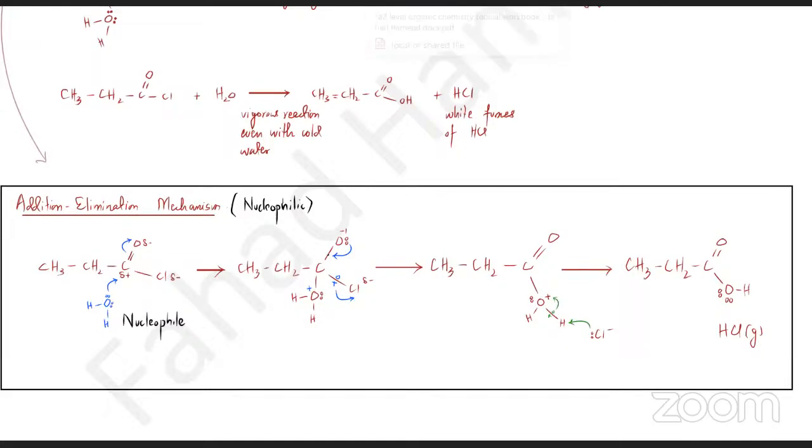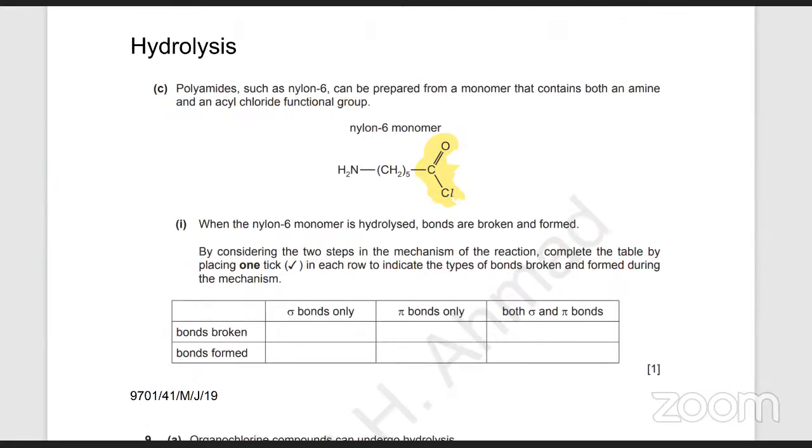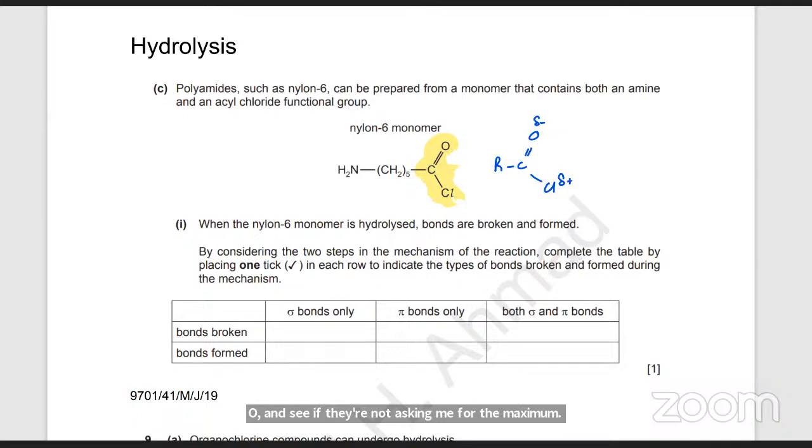So I'm going to do the hydrolysis of this. Just write, I'm going to take it as R, C double bond O, and Cl. They're not asking me for the mechanism, but I'm going to draw the mechanism anyway. This is slight negative, this is slight positive. The carbon is very strongly positive.